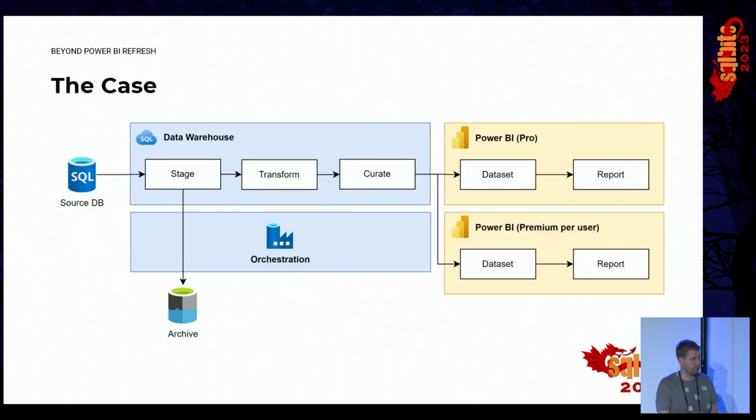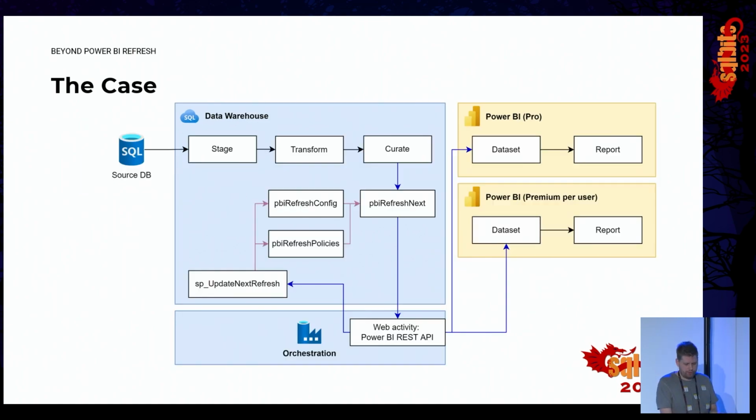Yeah, so we expanded upon the initial flow here and added some new parts. We added a view that would tell us when is the next time for the data sets to refresh. We added, of course, the actual refresh down here.